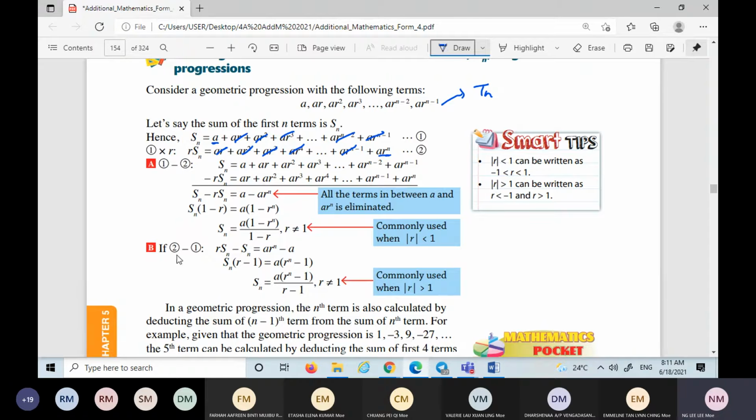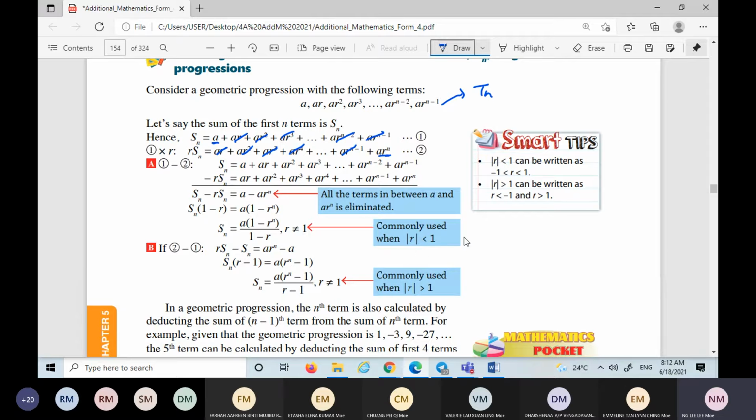If you use the second equation minus the first equation, we do the same thing and you will end up with something like this. So you have two formulas. Actually, whichever formula you use, the answer is the same. It's just that here they control it in this way. If the modulus of r is smaller than 1, what's the meaning of this?